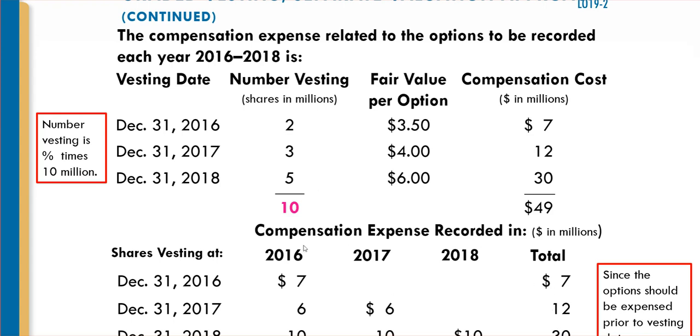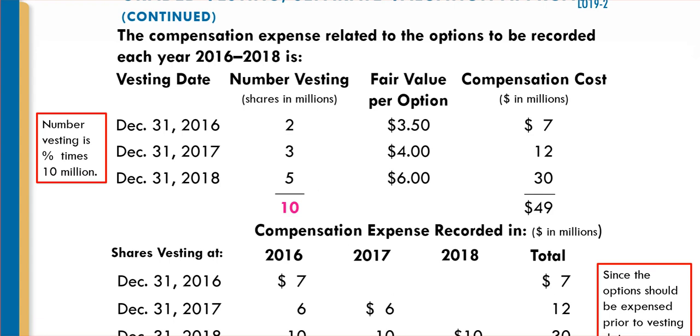So if you look at compensation expense in each one of these columns and you add down, this is going to be 23. This is going to be 10 and 6 or 16, and 2018 is only going to be 10. So we didn't exactly spread it evenly. We spread it evenly according to each tranche or group of vesting amounts. That's how we are spreading it.